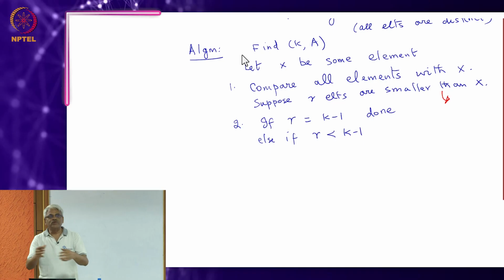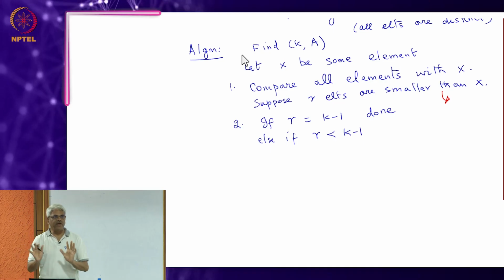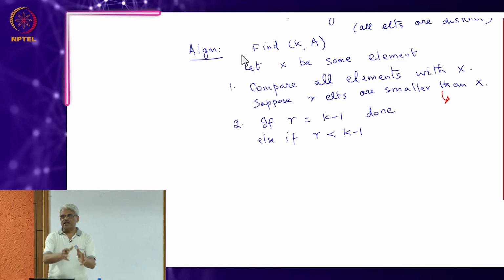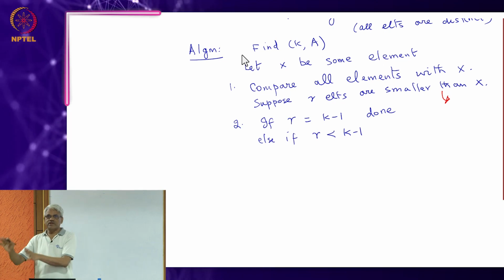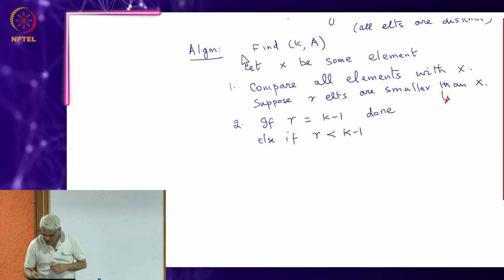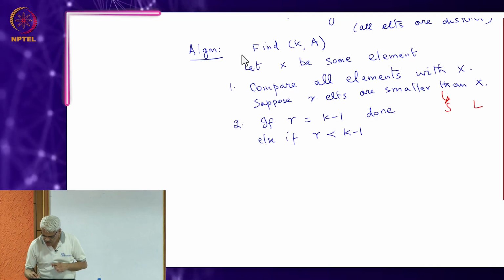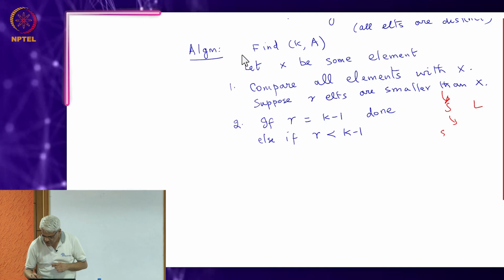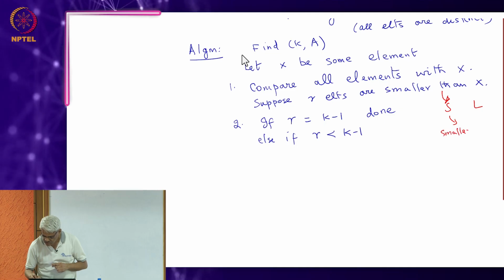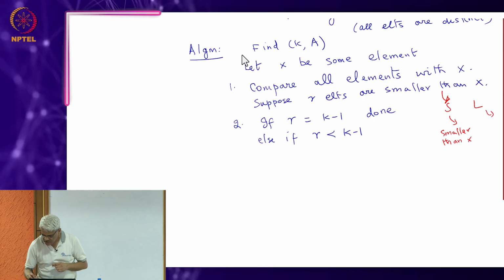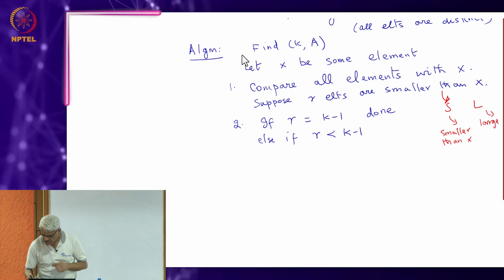That's also easy to do. Let's not worry so much about space. So I compare all elements with x. Anything smaller than x, I put in one bucket, anything bigger than x, I put in another. Let's call them S and L. S is smaller than x and L is larger than x.